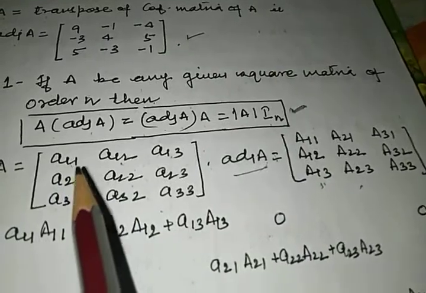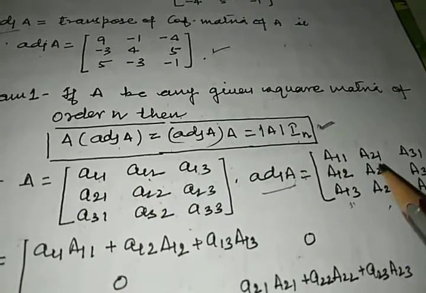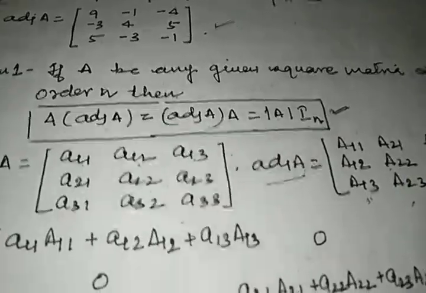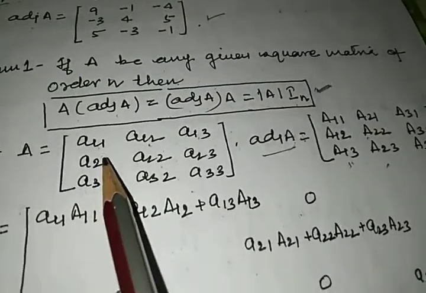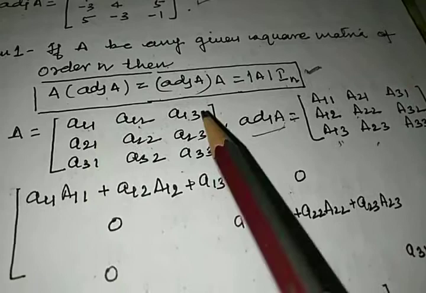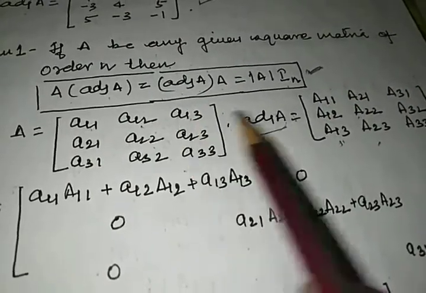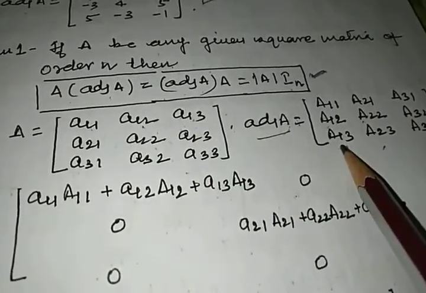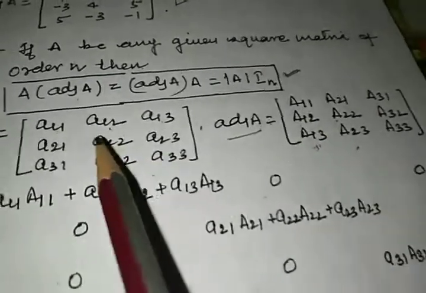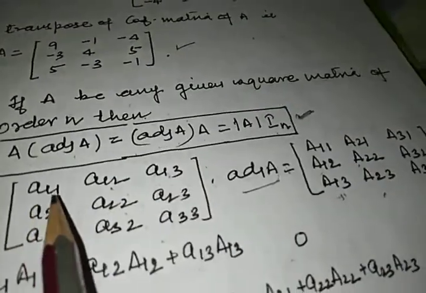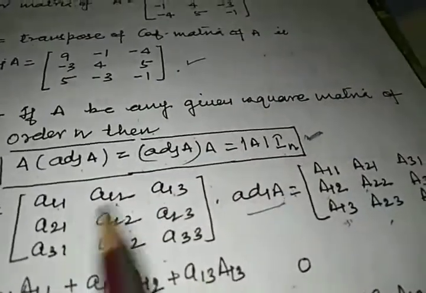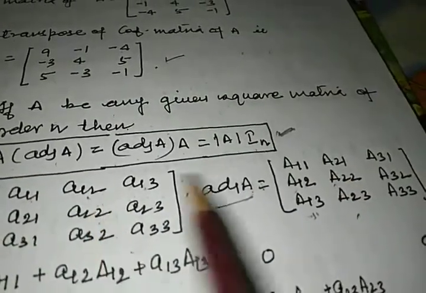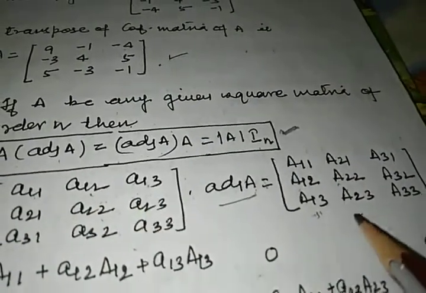If you multiply this by this, the first component will be A11 into A11, A12 into A12, A13 into A13. Then next we get A11 into A21 plus A12 into A22 plus A13 into A23.